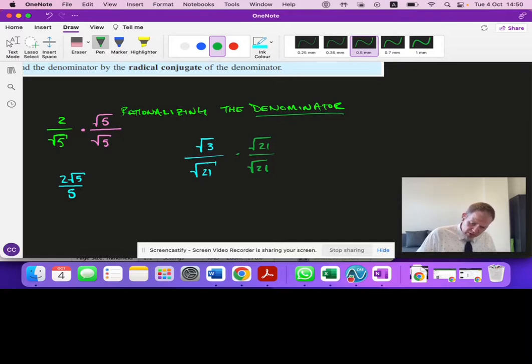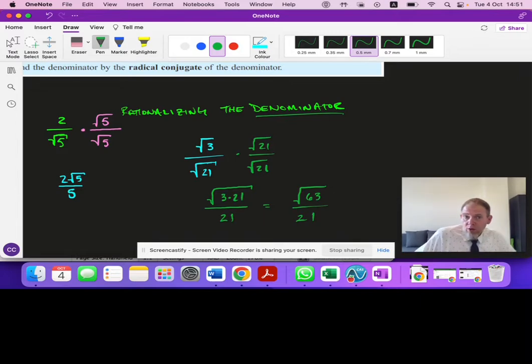So what this would turn into, using our rules, is 3 times 21 on the top divided by 21. 3 times 21 is 63. So this would be the square root of 63 divided by 21.